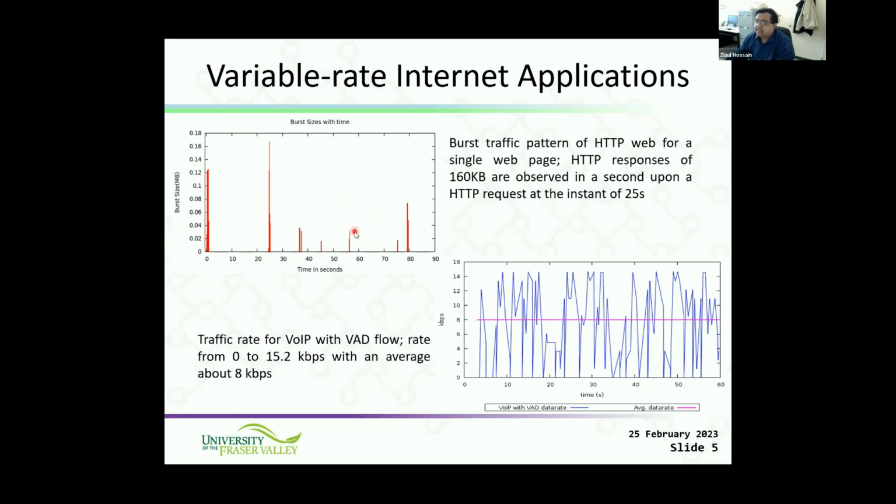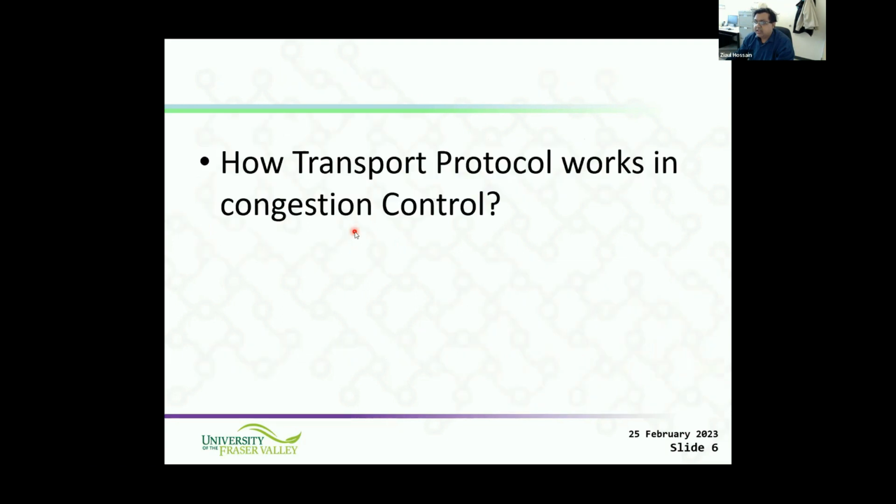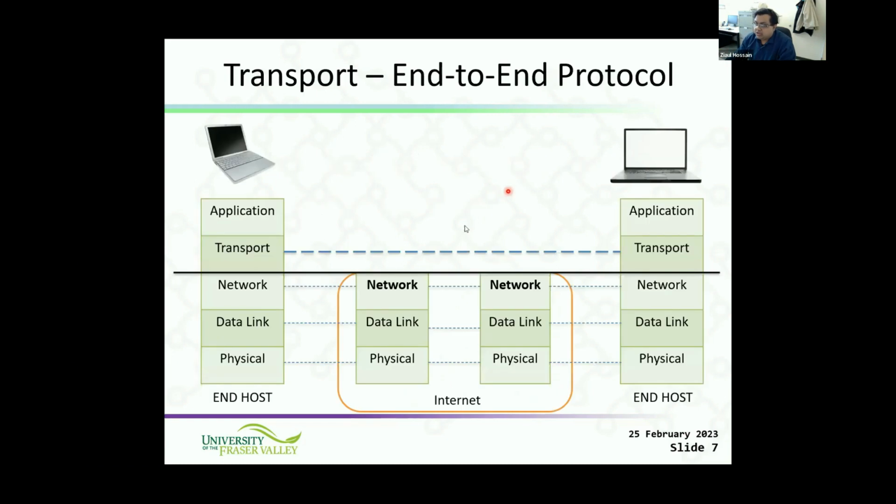Now, how is this burstiness a problem for our computer networking? That's what we want to look at. What is a transport protocol? How does it work? And due to this burstiness, what is the problem? We may already know that whenever we talk about computer communication, there is something called a layered architecture.